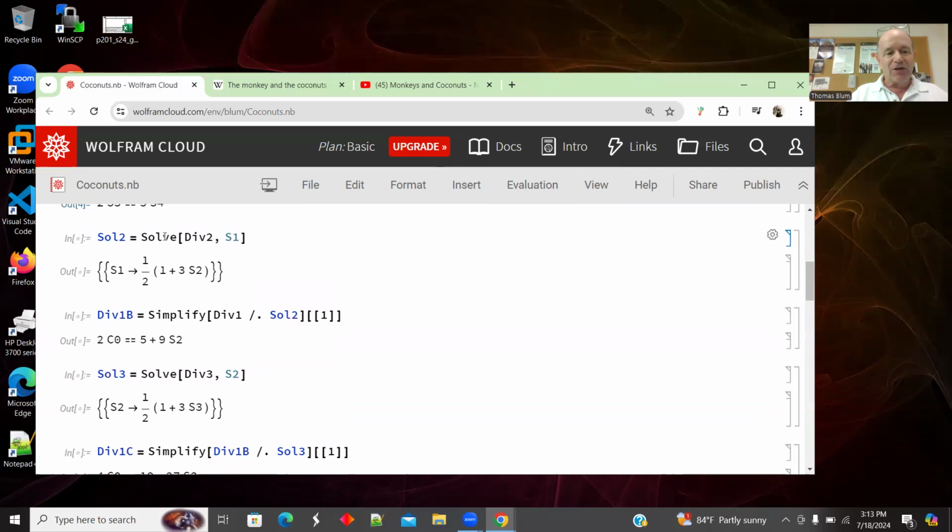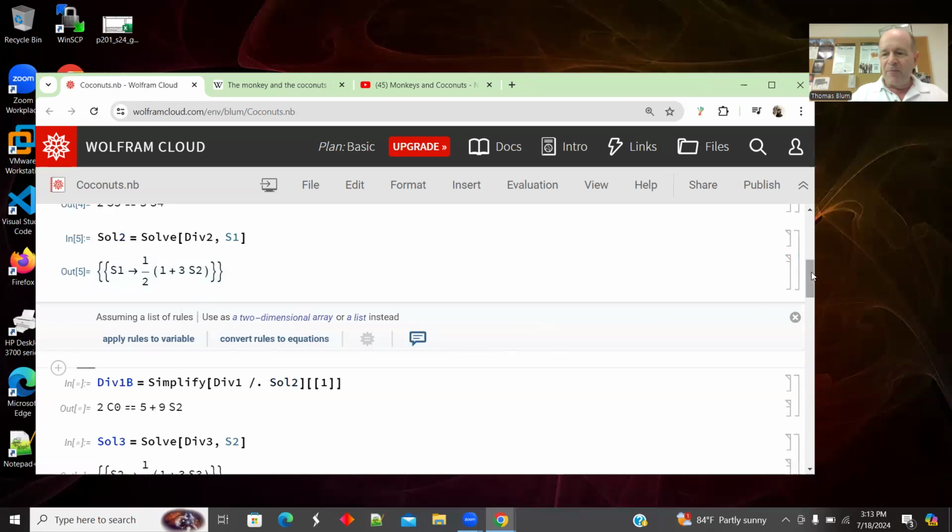I can also name the solutions. So I'm going to solve the second division, the equation representing the second division, for S1, and I'm naming that solution sol2, the solution to that second equation.